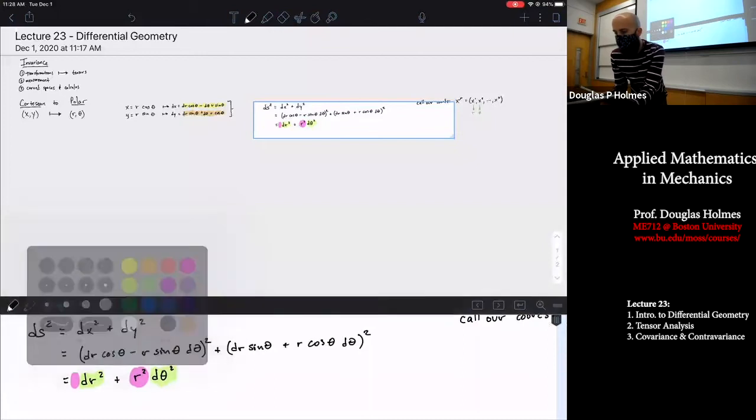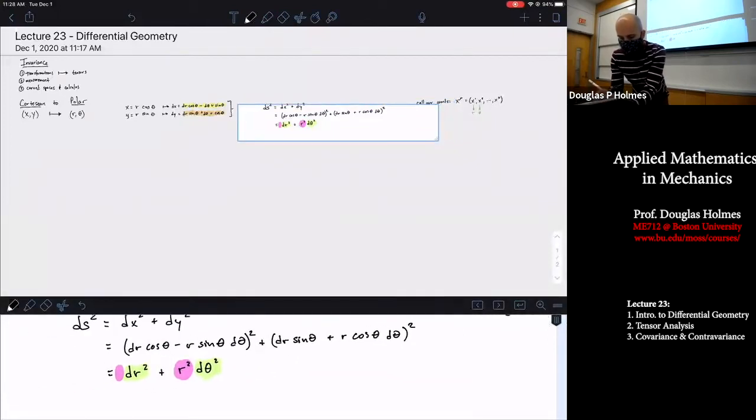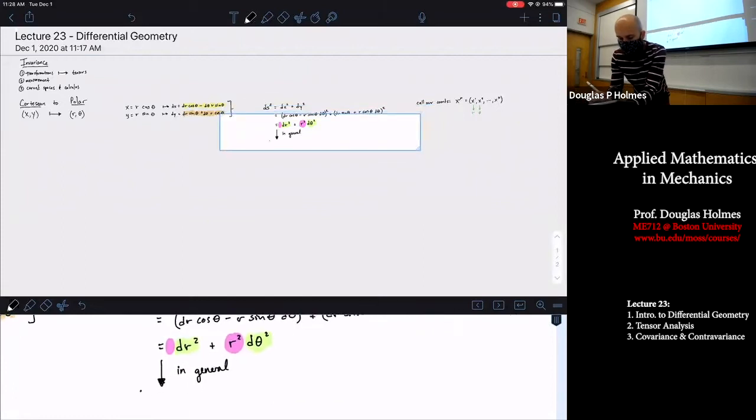So we can, in general, write any line element as the sum over our coordinates, from mu equals 1 to whatever dimensionality we have, in this case 2, times the sum of, let's pick another one, nu from 1 to d, times something.